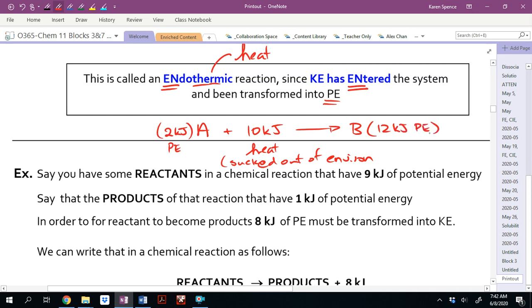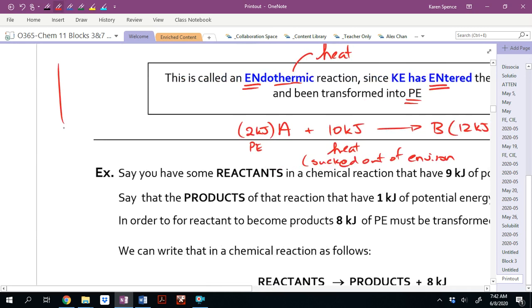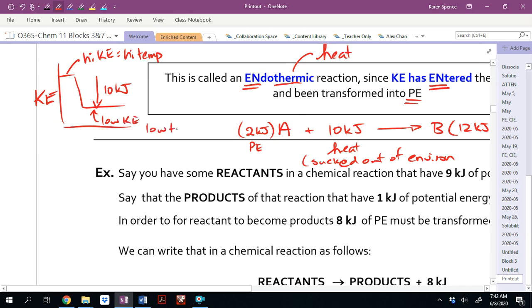And if we were to actually graph our kinetic energy, it would start high and it would finish low, and we would have lost 10 kilojoules of kinetic energy. And remember, high kinetic energy is high temperature, and low kinetic energy is low temperature.